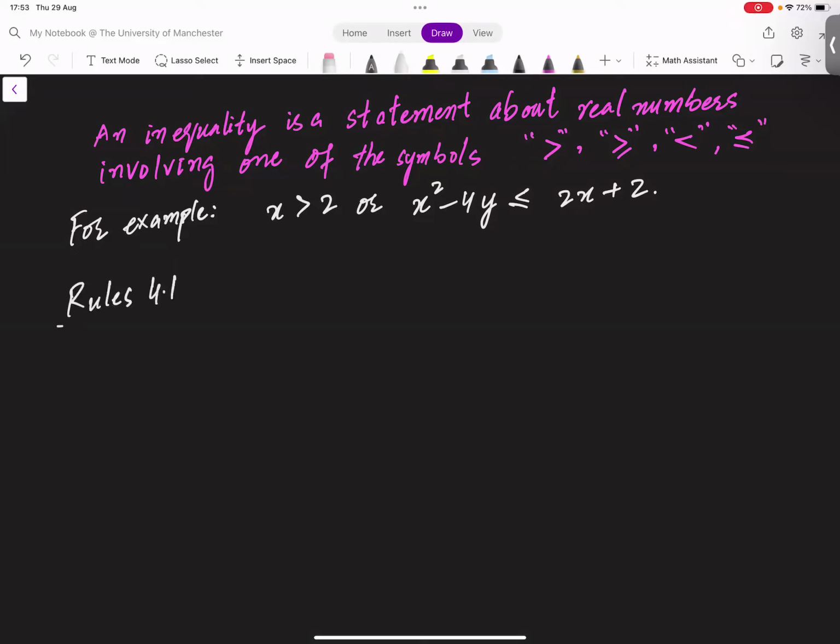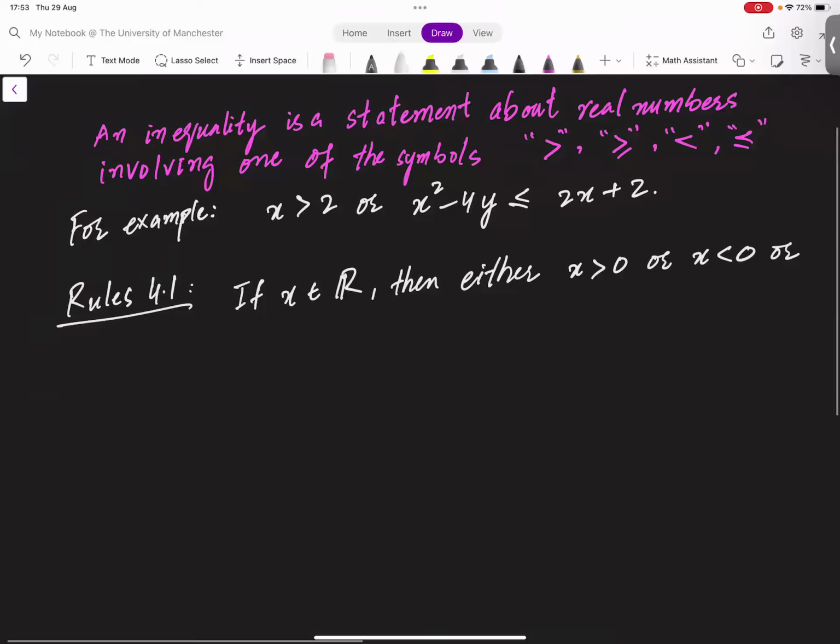Let's say 4.1. If we take x a real number, then either x is greater than 0, or x is less than 0, or x is 0, and just one of these is true.